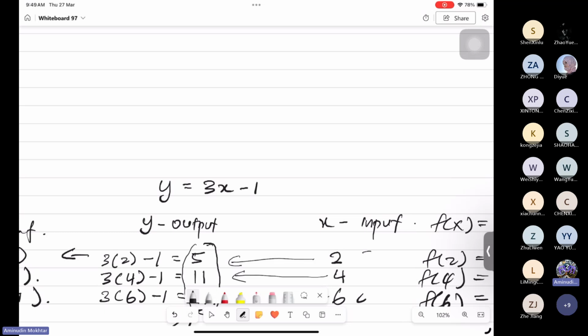That is another part we need to consider. So, besides input and output, domain and range, we can also conclude that the value of y depends on x. So y is also known as a dependent variable.